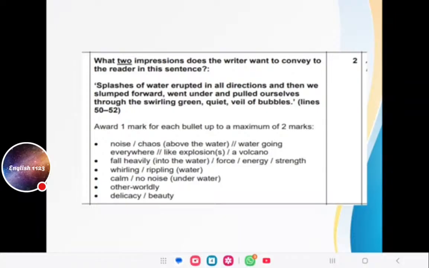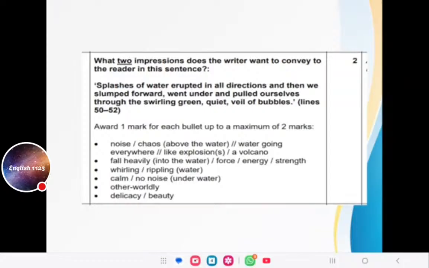See, I told you this, volcano. Fall heavily into water, slump forward, that shows force, energy, strength, whirling, ripping. These are almost 6 impressions that you can find there.